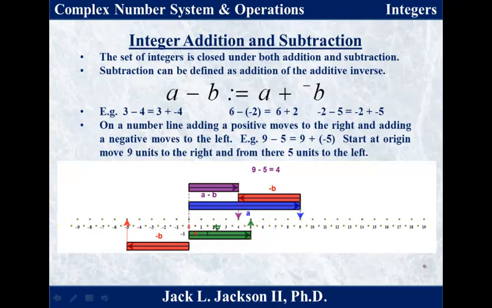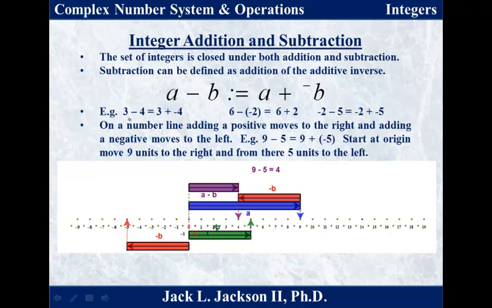So we can think of integer addition and subtraction. We're going to actually define subtraction as the addition of the additive inverse. So we're going to define a minus b, this colon equals means defined to be equal to. A minus b is defined to be equal to a plus the additive inverse of b.